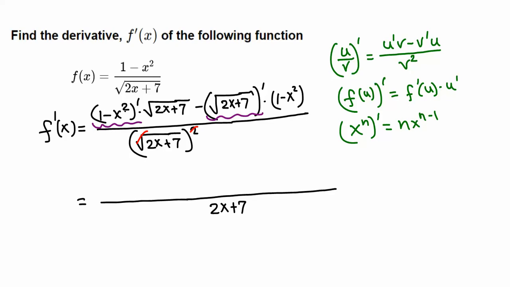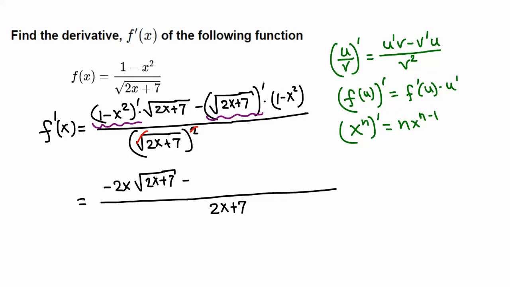So 0 minus 2x, just negative 2x, times root 2x plus 7, minus the derivative of the square root of 2x plus 7. So let's do this on the side and we'll write down the final answer, times 1 minus x squared.